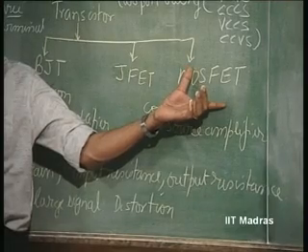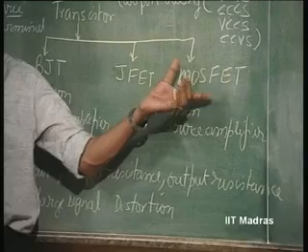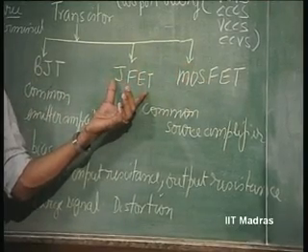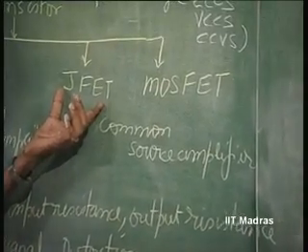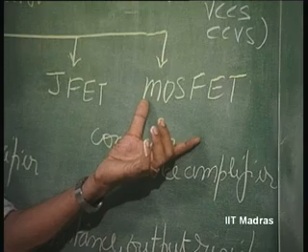How this is going to be discussed in terms of enhancement type of operation and depletion type of operation, and how JFET is a depletion type of field effect transistor, and what is pinch off voltage, what is threshold voltage, all these factors we had discussed.